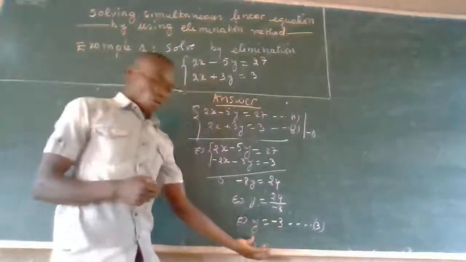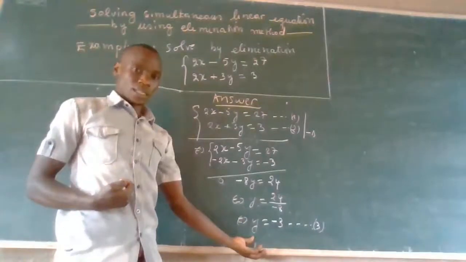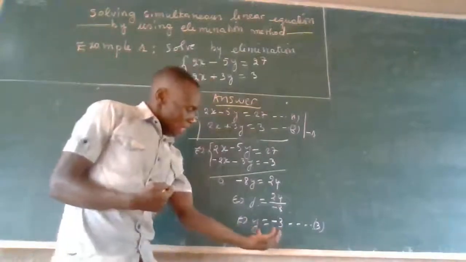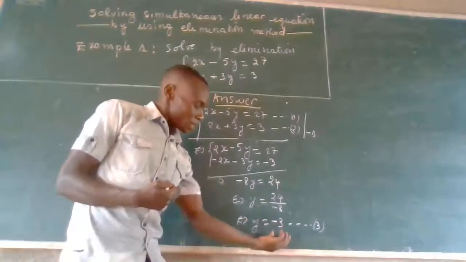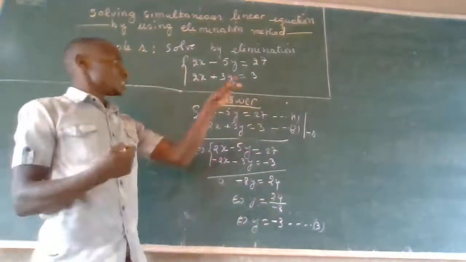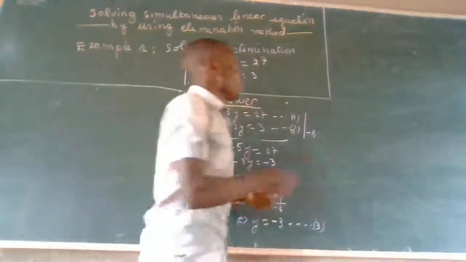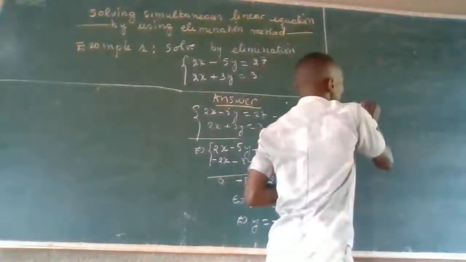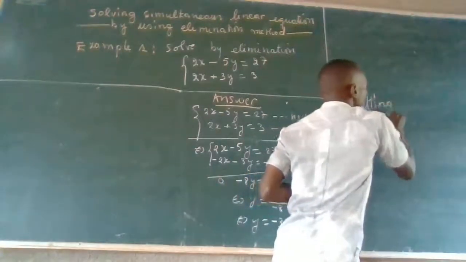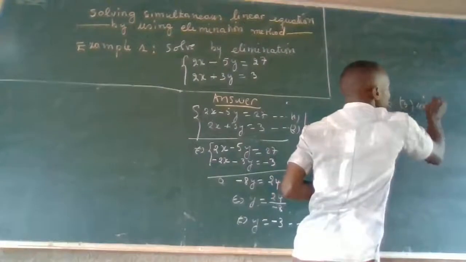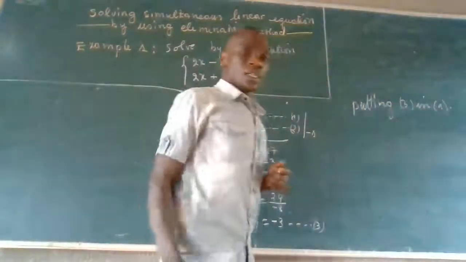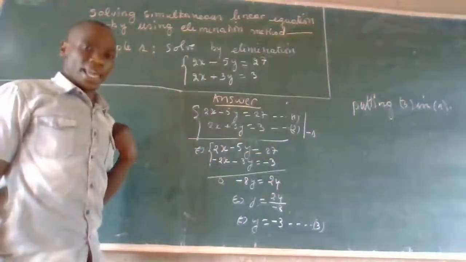This is the value of variable y. Then we can take this value of y and replace it in equation 1. Let me put equation number 3 in equation 1 to find the value of x.